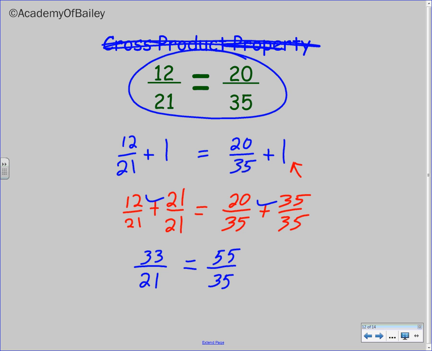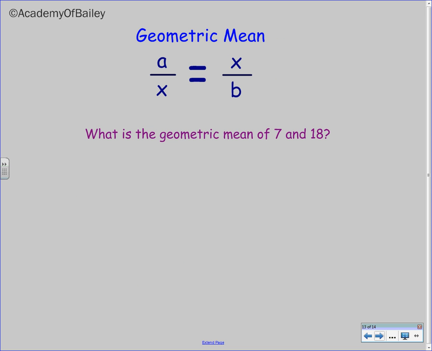I just noticed that really shouldn't say cross product property. But anyways, we start out with this proportion up here, and we can get down to this proportion right here. You just have to recognize that the only thing that you did was add 1 to both the right and left side of the equation. So we've kind of done all that.